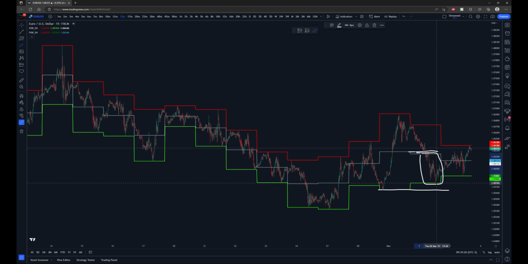So this move down, we can start looking for reasons to go long if we now have a bullish trend bias. Okay. And essentially we want to be exiting above the midline at least. So at a premium, we want to be exiting.